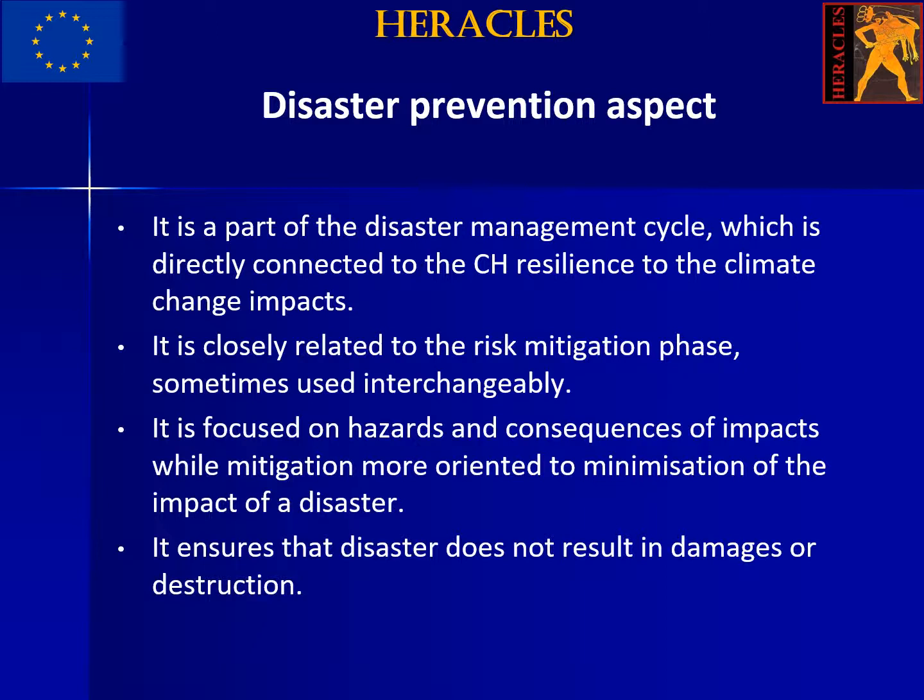And the important thing is that it is focused on hazards and consequences of impacts, while mitigation is more oriented to minimization of the impact of a disaster. Since we cannot prevent disasters to happen, the prevention phase should ensure the disaster does not result in damages or that destruction is as minimal as possible.